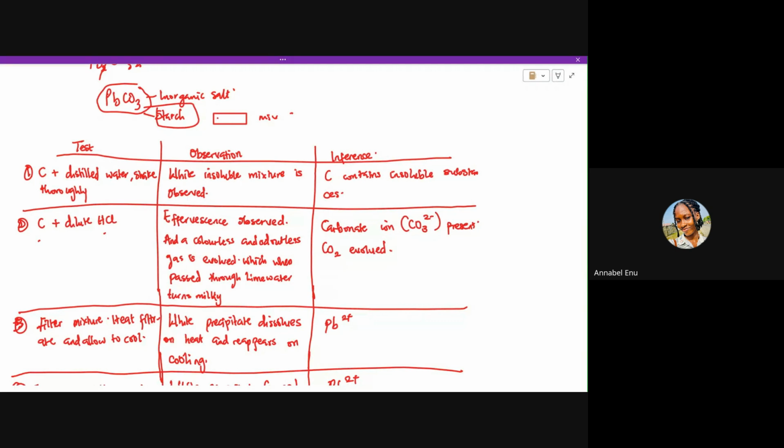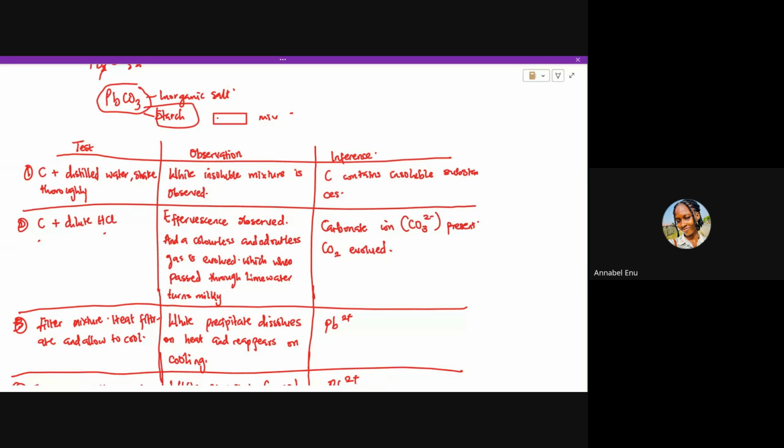So in summary of what we have done today: qualitative analysis, where you test for the different substances that can be present in a mixture or a sample. We give some steps to follow, and those steps are what you will write in your test column, this first column we have here.